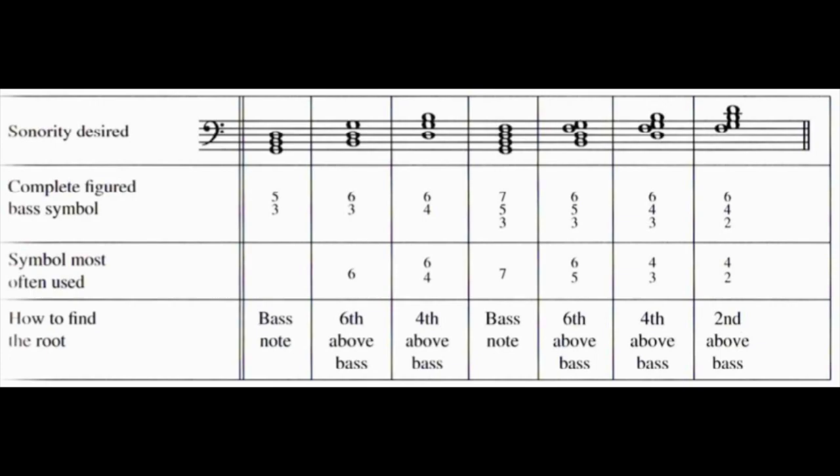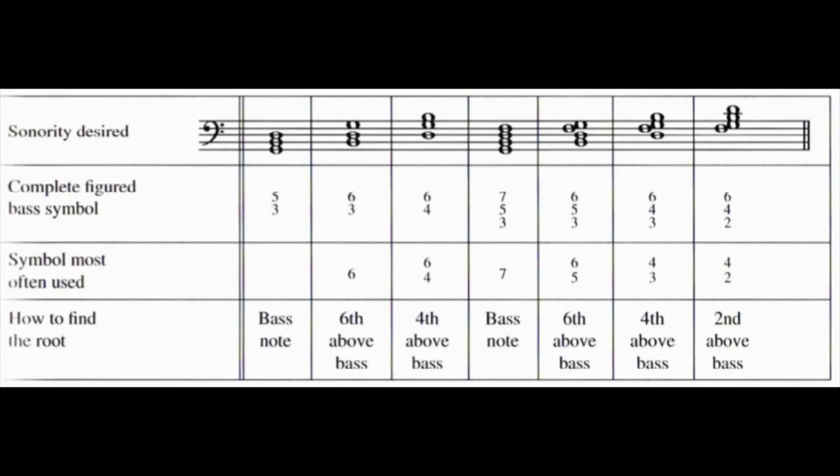So here in this table, it's illustrated the figured bass symbols for root position and inverted triads and 7th chords for a G major triad and a G major minor 7th. So we can see here that when we have a root position triad, what they would have put in the figured bass symbol was a 5 and a 3.